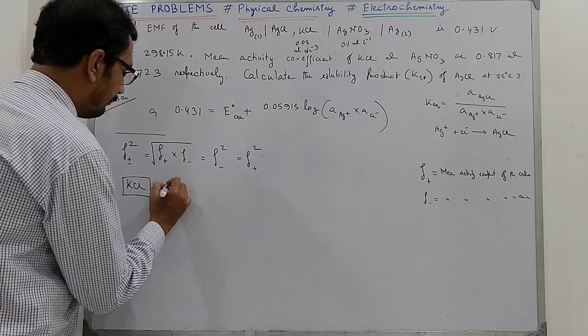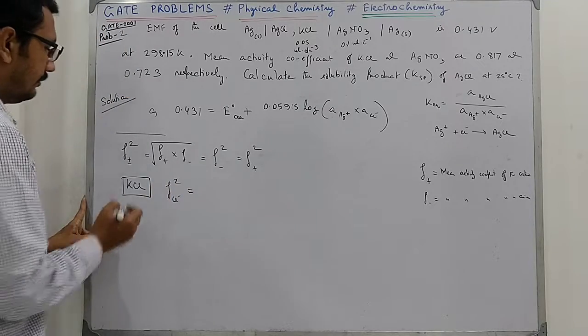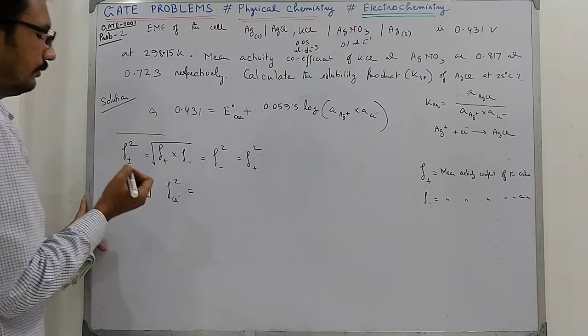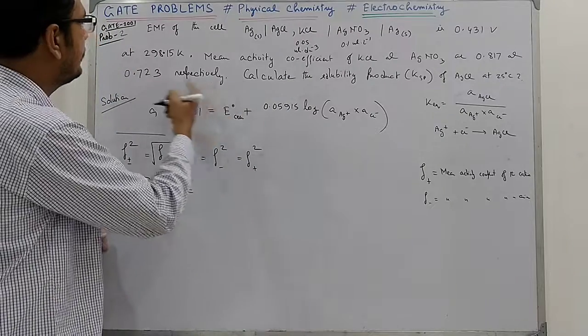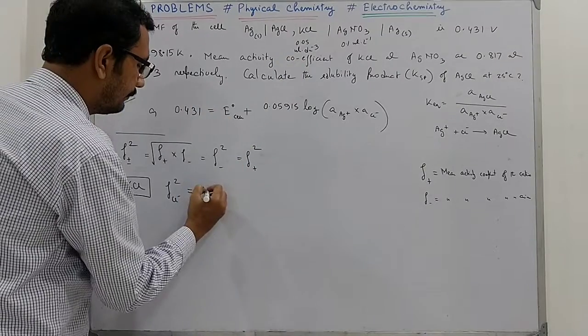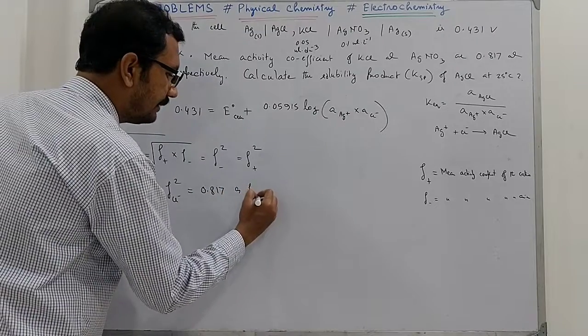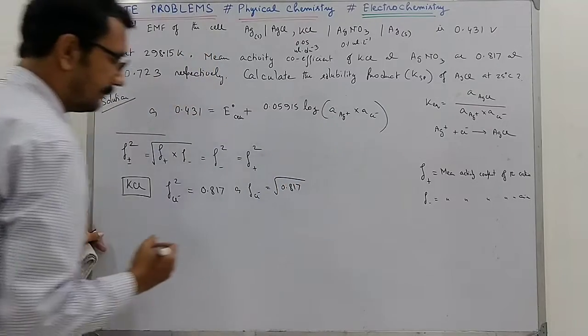we can write it as f Cl minus square, since f plus minus square can be written as f minus square, and it is given as 0.817. So what will be the value of f Cl minus? It will be root over 0.817.